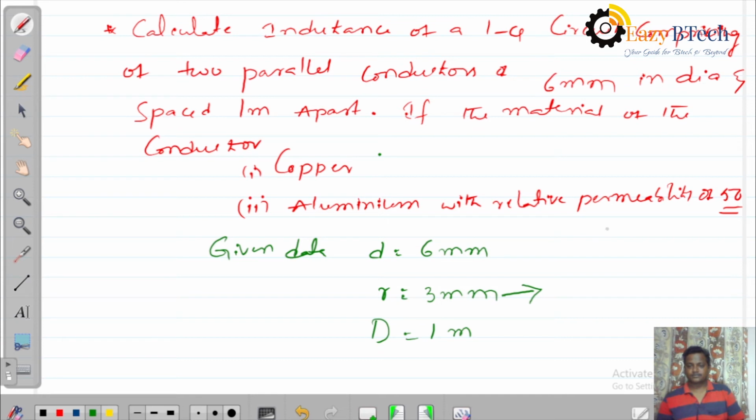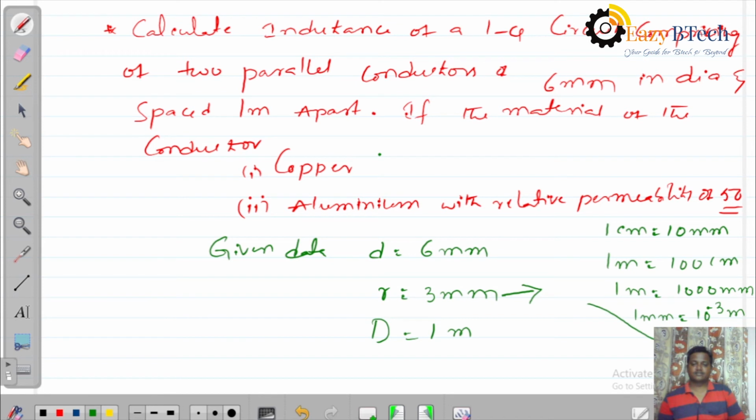We know that 1 centimeter equals 10 mm, 1 meter equals 100 centimeters. Therefore, 1 meter equals 1000 mm. Therefore, 1 mm equals 10 power minus 3 meters.